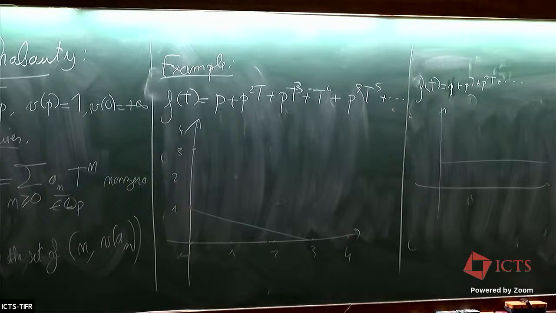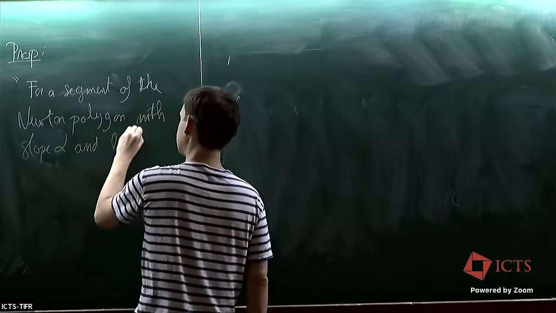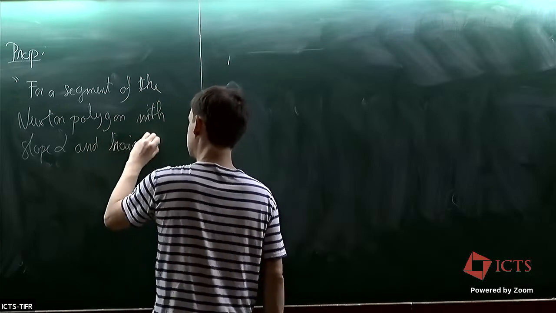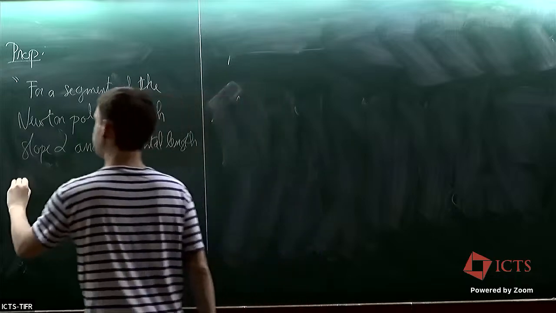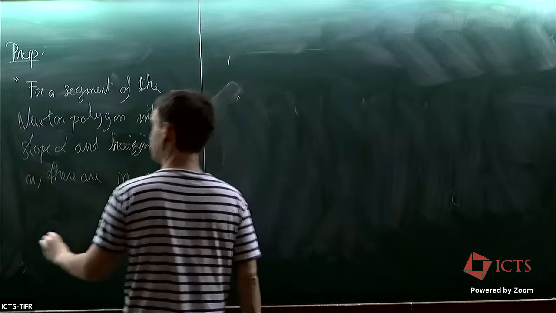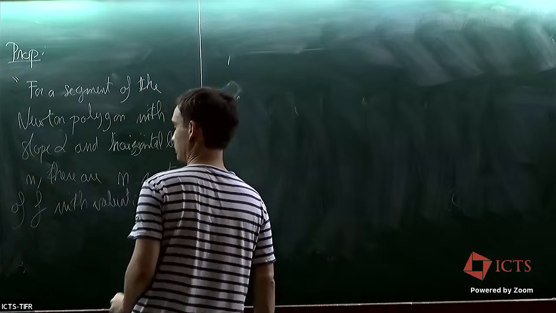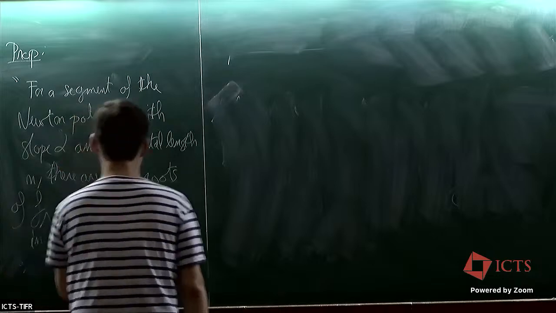I'm not very precise here, I am in the notes, but here I want to say, proposition: for a segment of the Newton polygon with slope alpha and length n, the horizontal length, there are n roots of f in Q_p bar with valuation minus alpha.